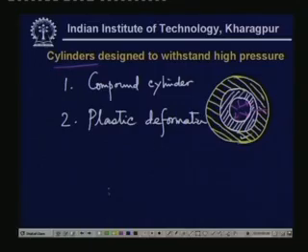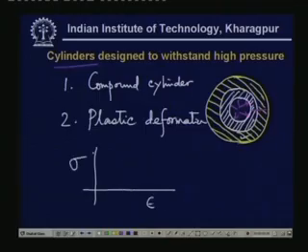We all know that for a material, if we have a stress strain diagram something like this, then if we give initial stress to this particular point, so we increase the stress and let it go up to this point, and then we release the load, then there will be some residual deformation.